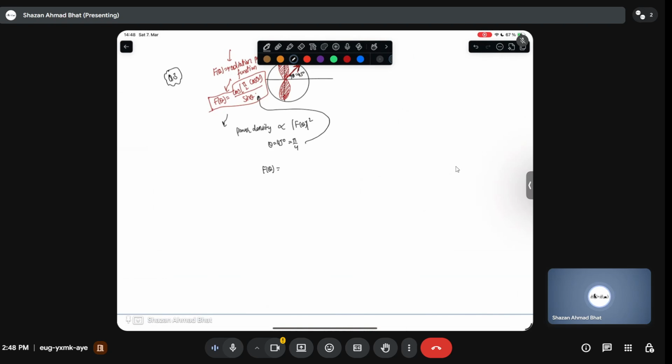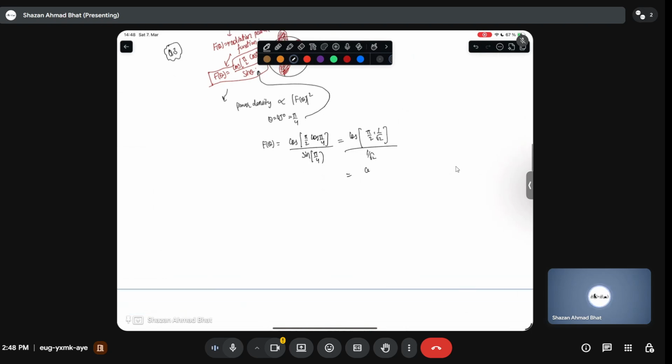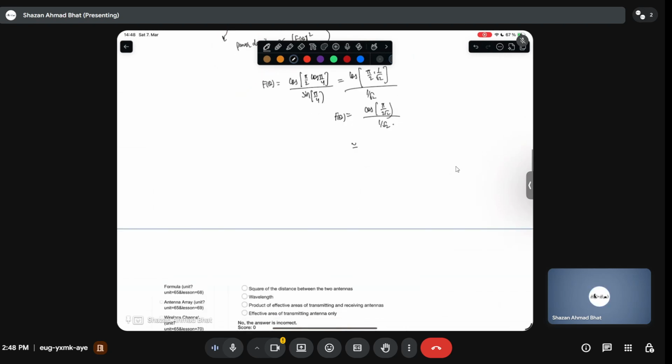You can compute F theta as cos of pi by 2 cos pi by 4, divided by sine of pi by 4. So you get cos of pi by 2 into 1 over root 2, divided by 1 over root 2. You solve this, and you get F theta to be approximately 0.63.